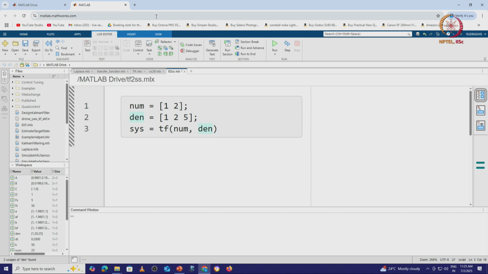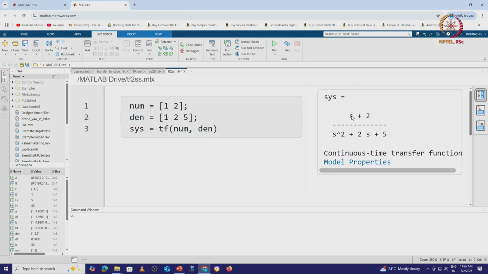right? So if we run it, we'll see that we have the numerator polynomial as s plus 2, and the denominator polynomial as s square plus 2s plus 5. What does that mean? There is a 0 at s equal to -2, and if we solve this polynomial, making s square plus 2s plus 5 equal to 0, then we get the poles accordingly.